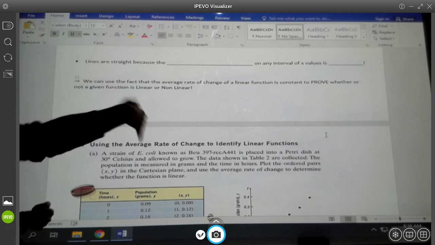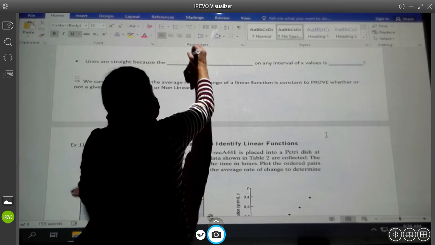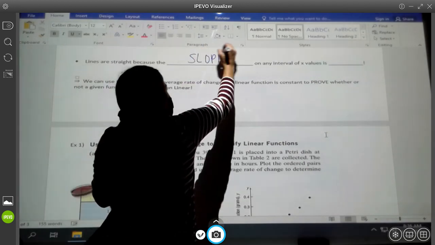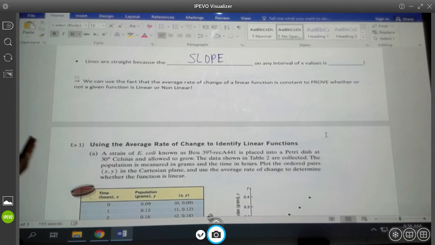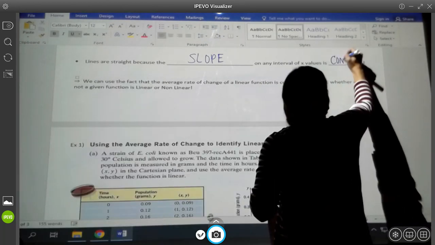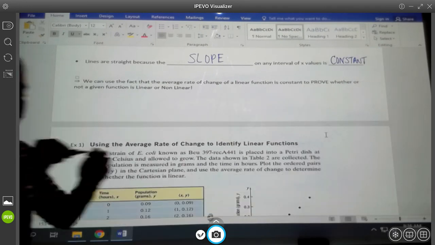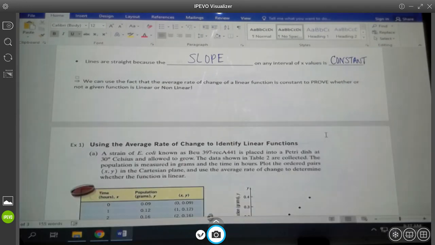So lines are straight because the slope, the average rate of change on any interval of x between any 2 points is constant. It's the same. If it didn't have the same slope in between two pairs of points, then the line would be jagged. It wouldn't have been straight.